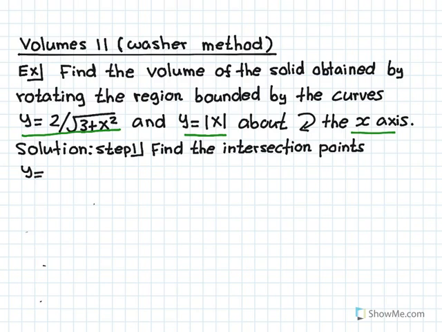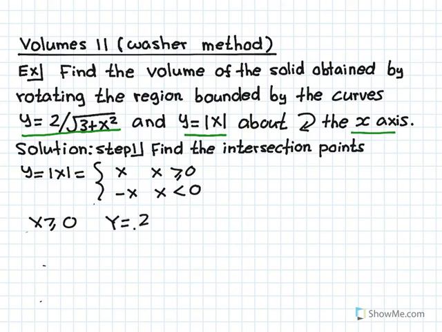y is equal to absolute value of x. We can rewrite this as x when x is positive and minus x when x is negative. When x is positive, let's find the intersection point between y equals 2 over root of 3 plus x squared and y equals x.